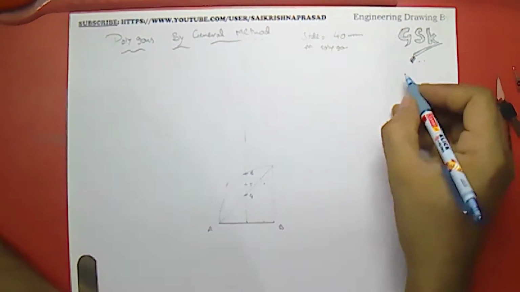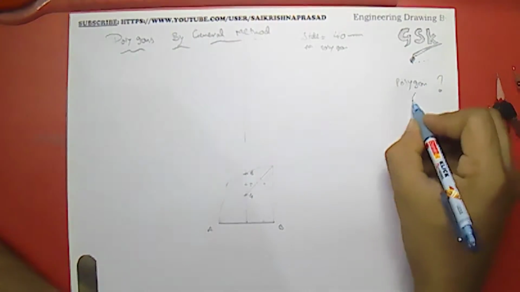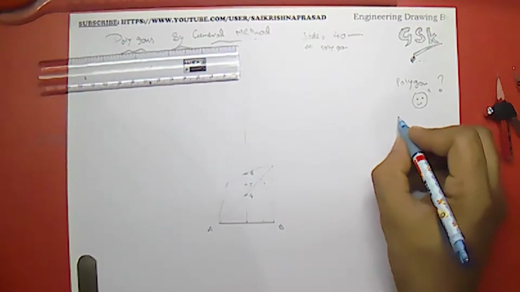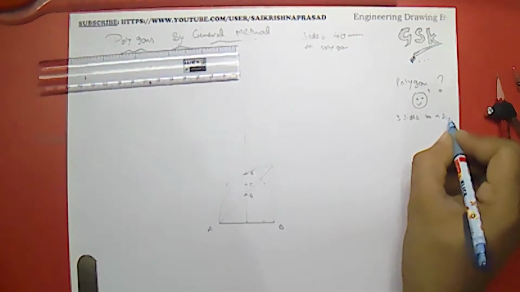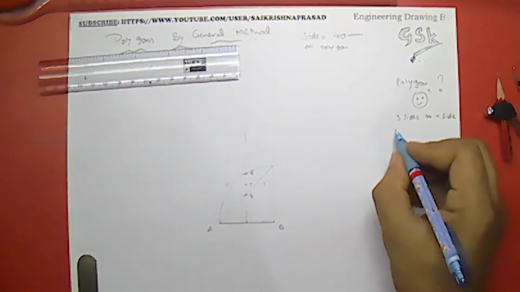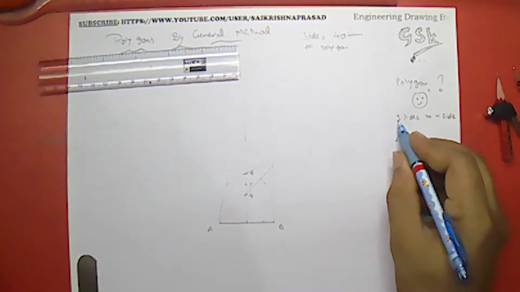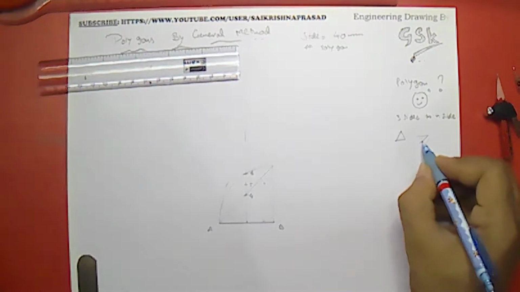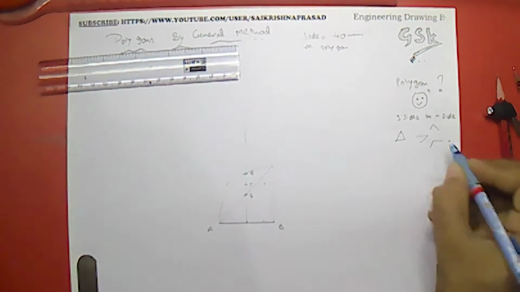Now what is a polygon? Polygon is any closed figure starting with 3 sides to n number of sides. Starting with 3 sides is a triangle, because starting with 2 sides you can only form 2 lines, which is not a closed figure.